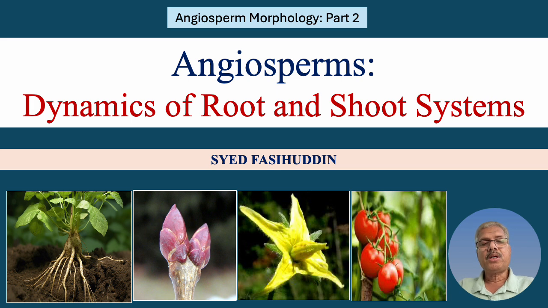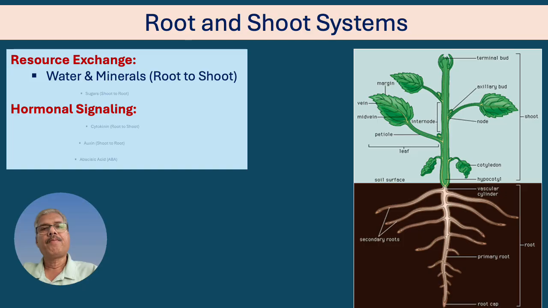This system, combined with the specialized reproductive structures of the flowers and fruits, enables the angiosperms to thrive in diverse environments. Their adaptability is further enhanced by various modifications of the stem, leaves, and roots, allowing them to exploit a wide range of ecological niches.